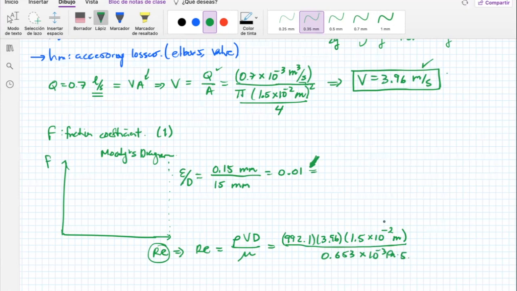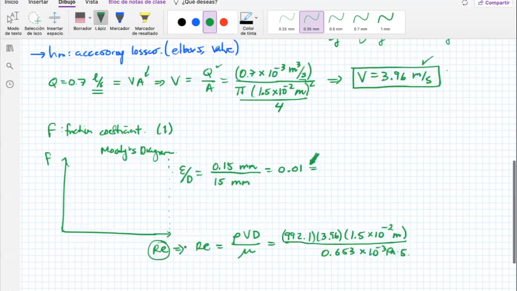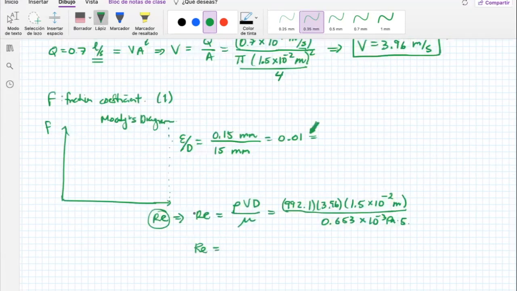Everything is in the international system of units, and therefore the Reynolds number I have here is 90,200. Hopefully it's 200.